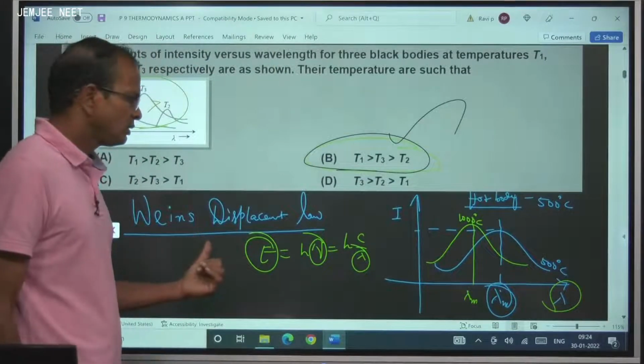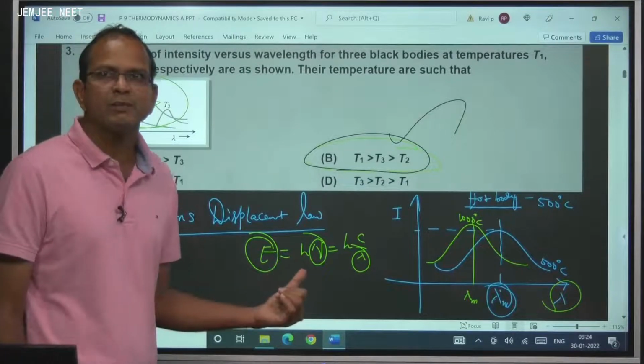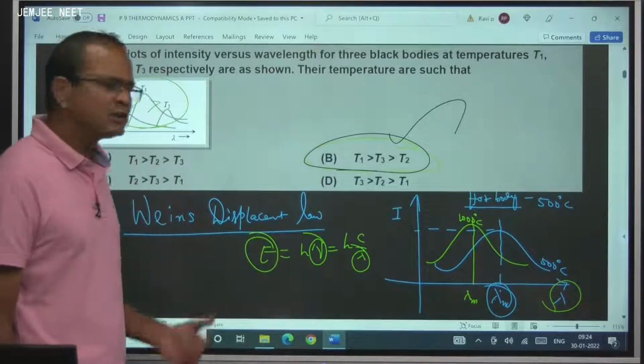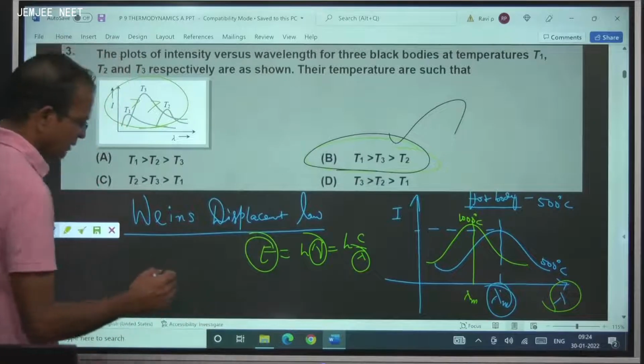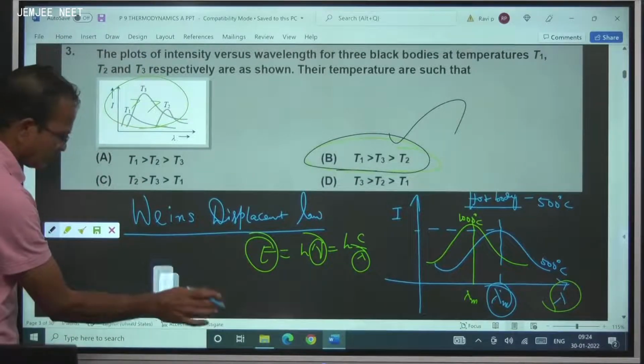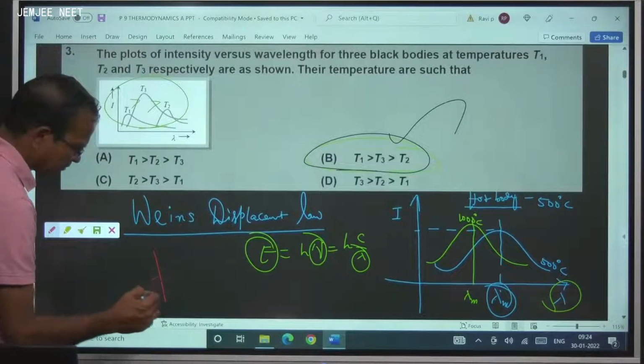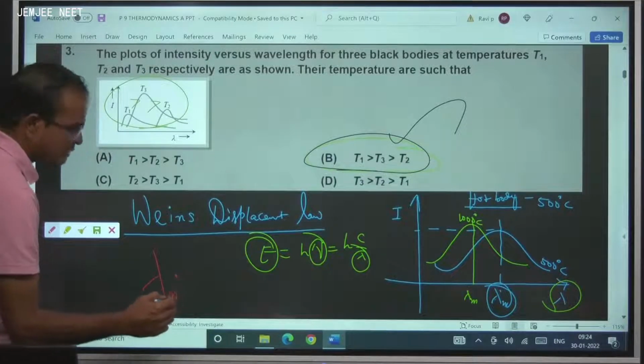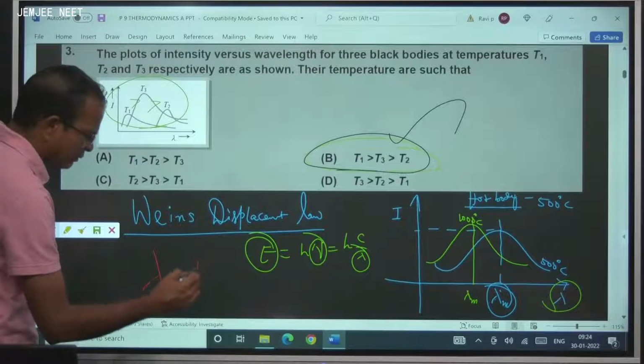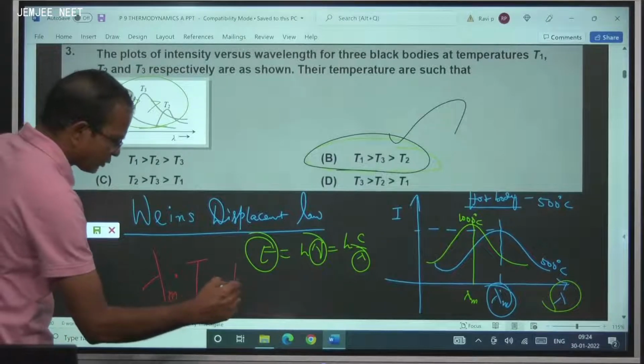This is called Wien's displacement law. Let me complete the law. According to Wien, the final equation is that lambda m, the wavelength corresponding to maximum intensity, multiplied with temperature is a universal constant.